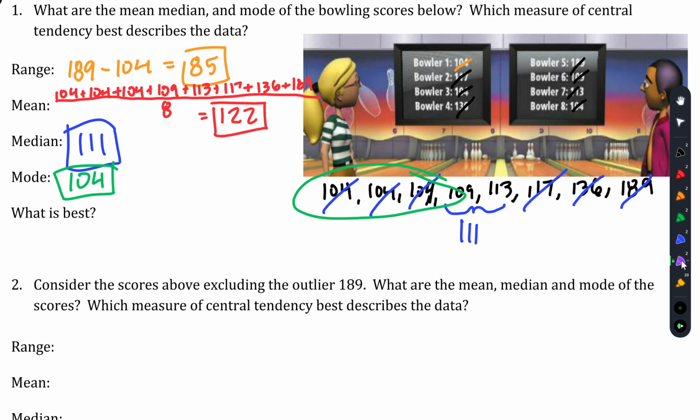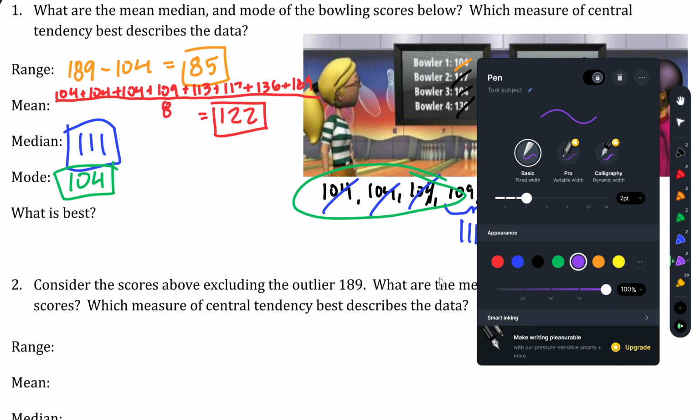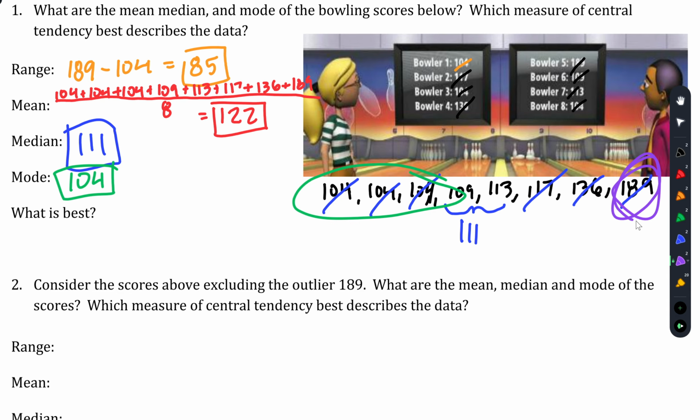Yeah, because of this outlier that we had, this 189, we have one bowler who's really, really good, right? They bowled, well, not really, really good, 189. They bowled a 189, which kind of skews our data a little bit higher, okay? So I would say that the median is best, just like what James said.